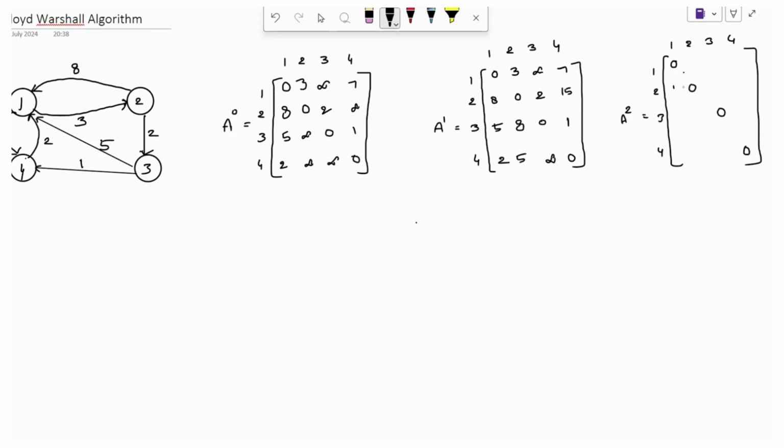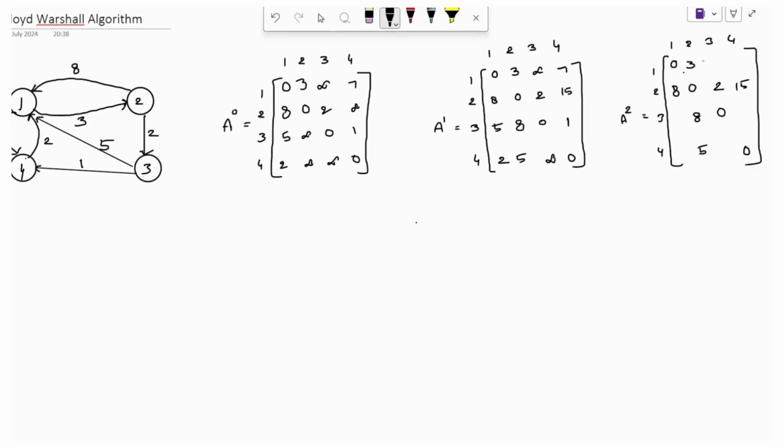Similarly, since we are going through 2, the 2 row and 2 column values will be the same values. So it will be 8, 2 and 15. What is my second column? 3, 0, 8, 5.